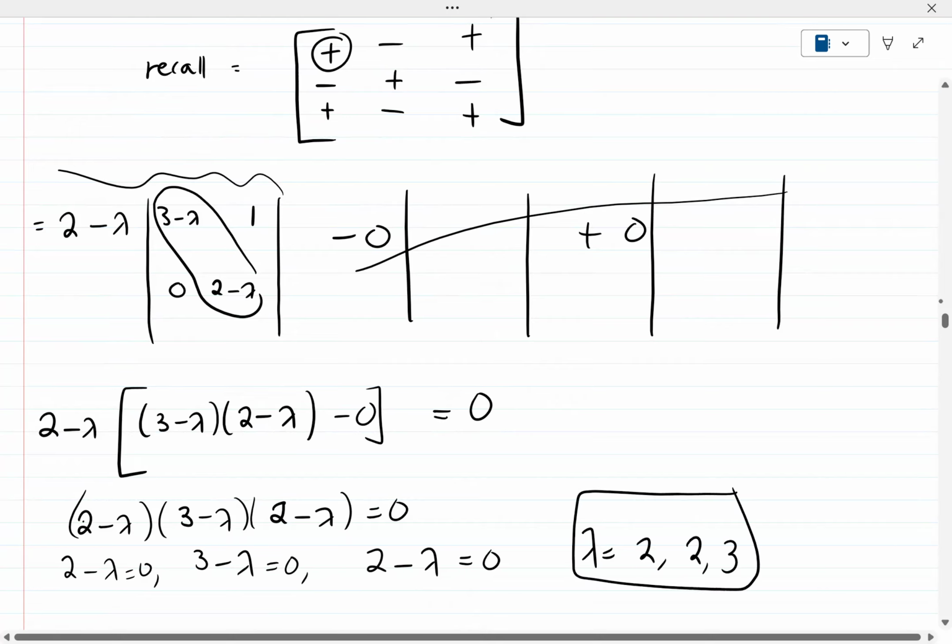Okay, we have 3 eigenvalues, but we need 3 eigenvectors. So let me write that down. We have 3 eigenvalues, but we need 3 eigenvectors.